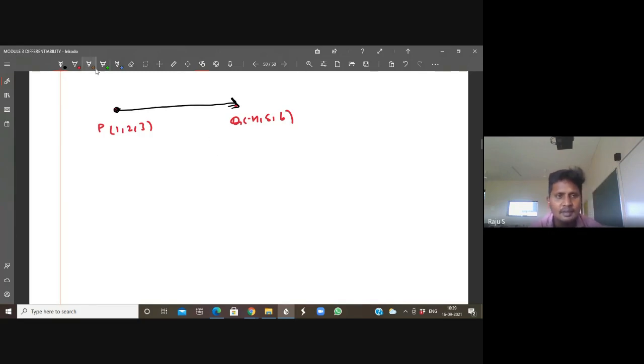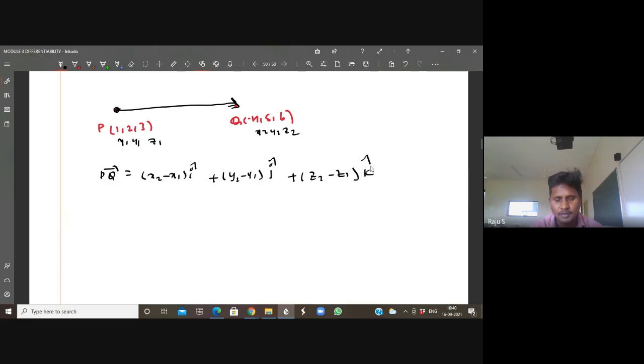One is with the help of the points, like x1, x2. So now here the PQ vector is given by x2 minus x1 into i cap plus y2 minus y1 into j cap plus z2 minus z1 into k cap. Got it?